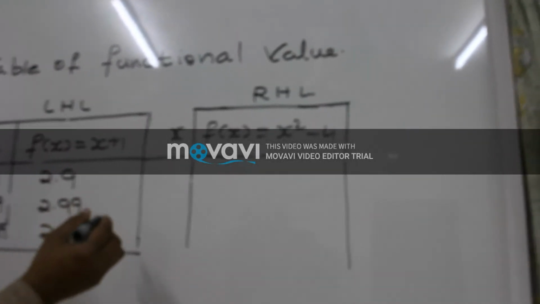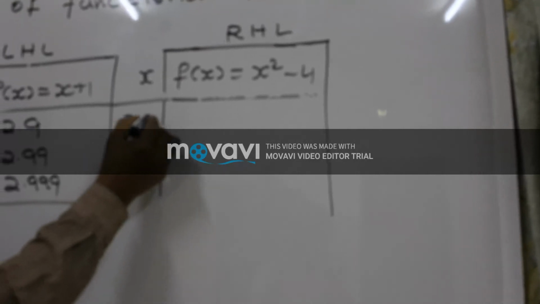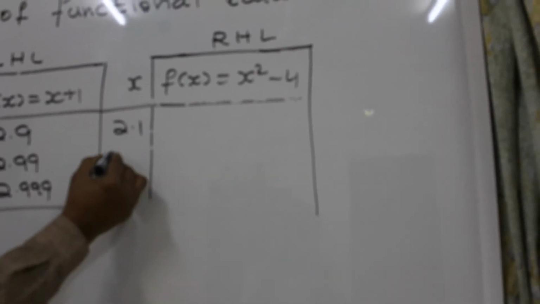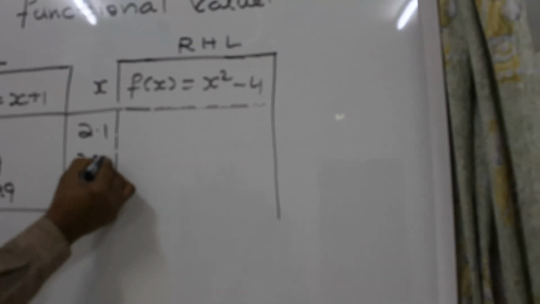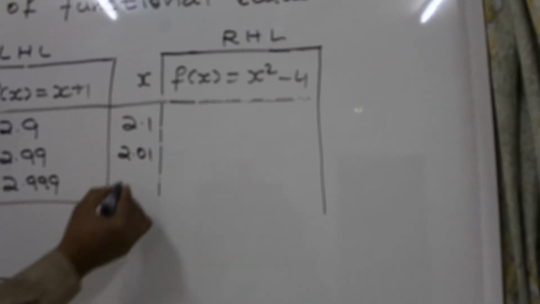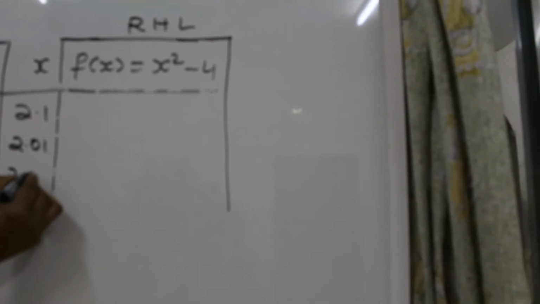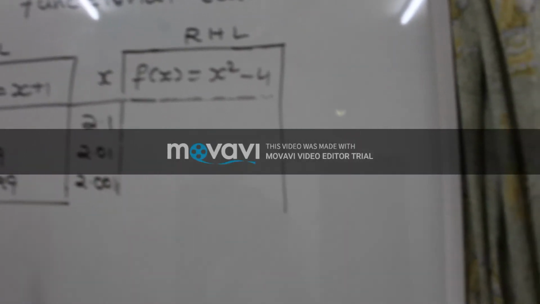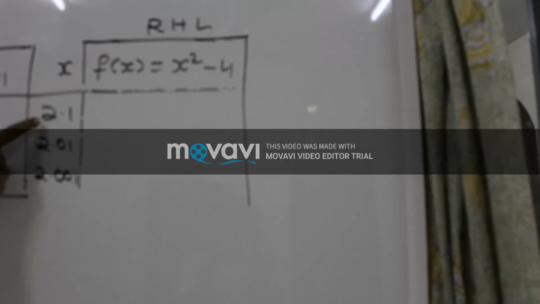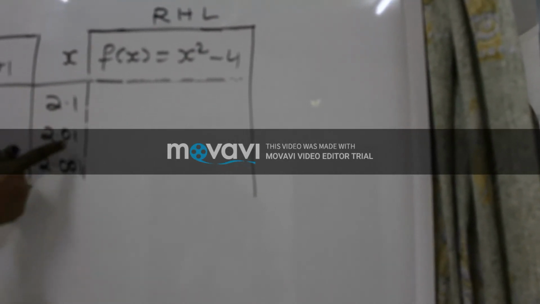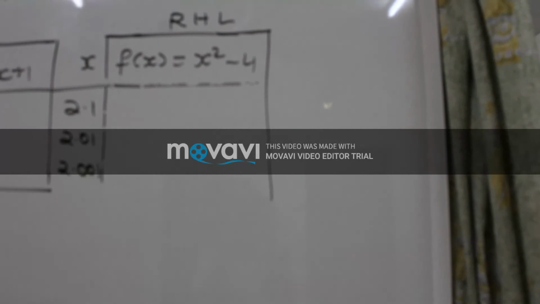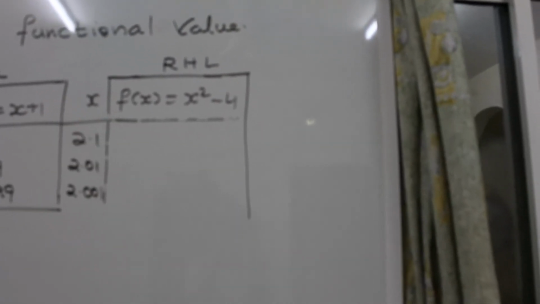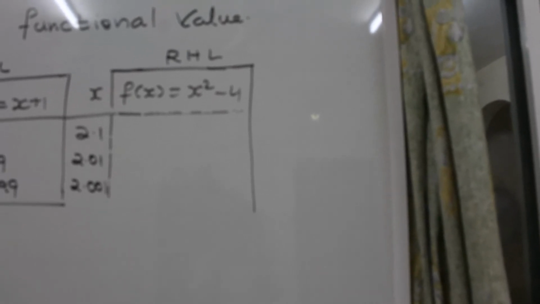So here I am considering 2.1, the next value 2.01, and the next point 2.001. If you look at the points column, you will understand that 2.1, 2.01, and 2.001 are very close to the actual value 2, but greater than 2.